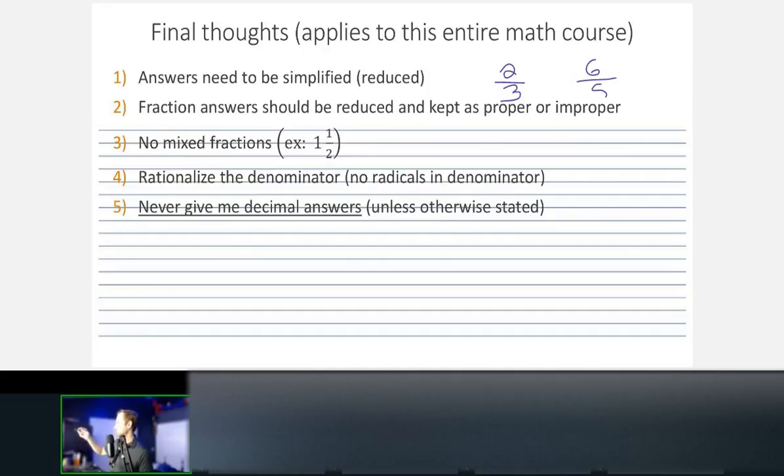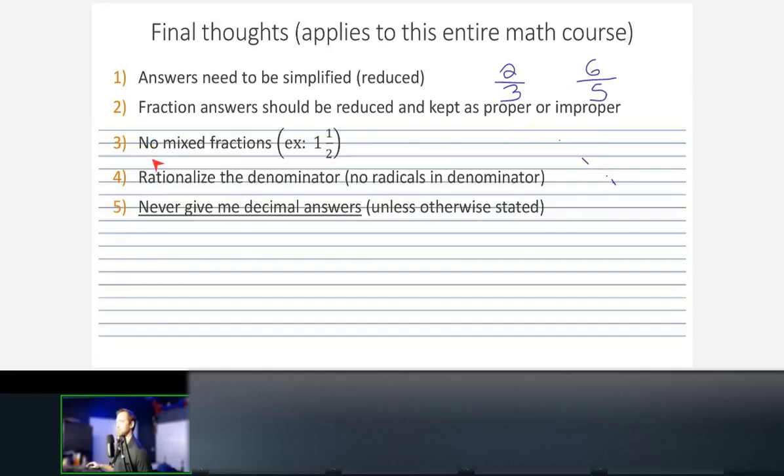So, it's improper for the number to be larger on top. That's called an improper fraction, but it's reduced. Yeah, reduced, improper fraction.